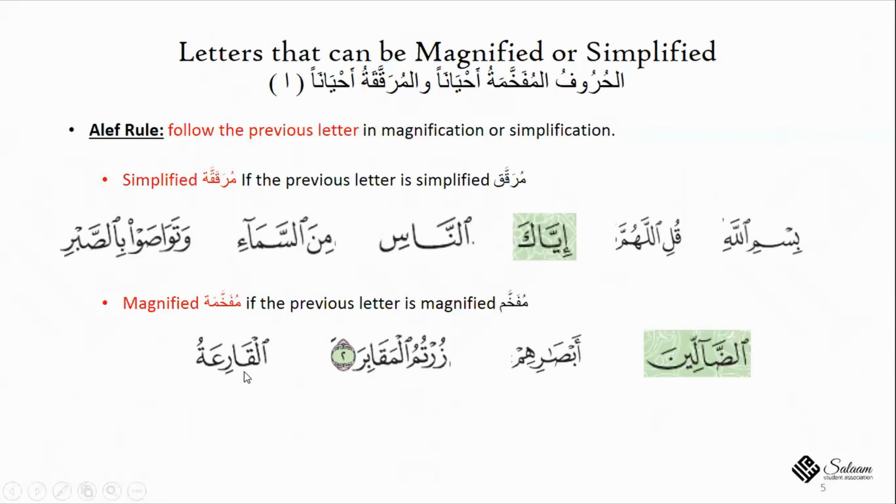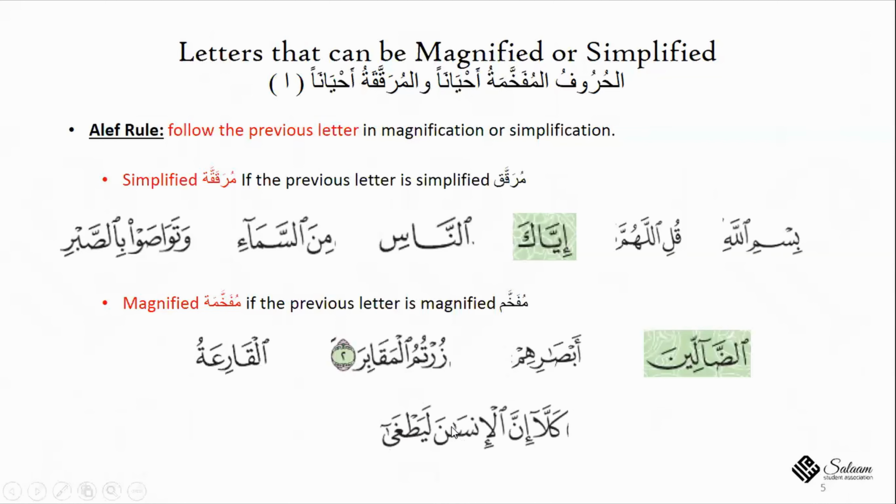Same thing with al-qari'ah, because the letter before the alif is qa, and qa is one of the 7 letters that's always magnified. Then al-qari'ah. Don't say it light, al-qari'ah. Very important part. If you have any questions, please send them to me.